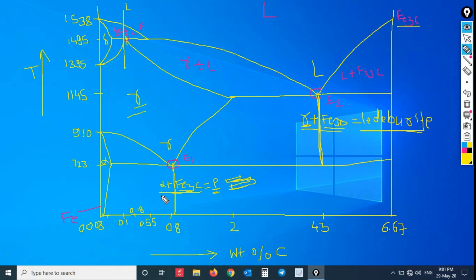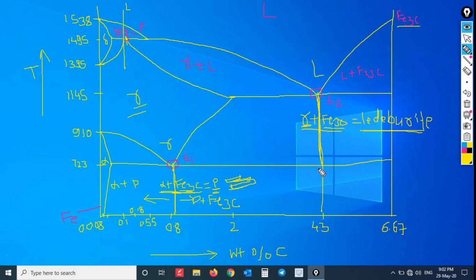Now you can see here, alpha plus Fe3C is pearlite. If you go to this side, we have alpha plus pearlite. If you go to this side, we have pearlite plus cementite.